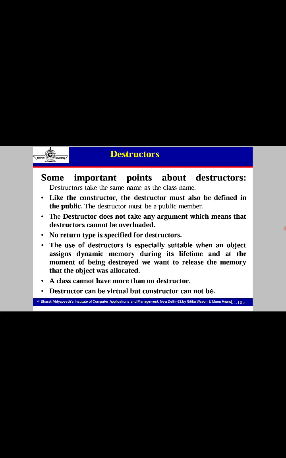That means destructor functions don't have any argument values or parameters within them. And destructors cannot return any type, as with constructors. So every class has exactly one destructor only.